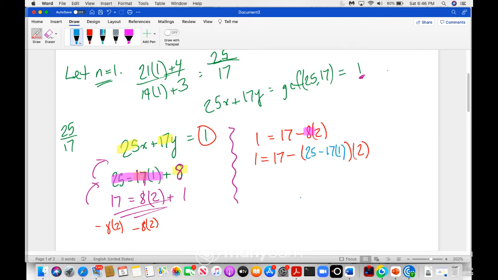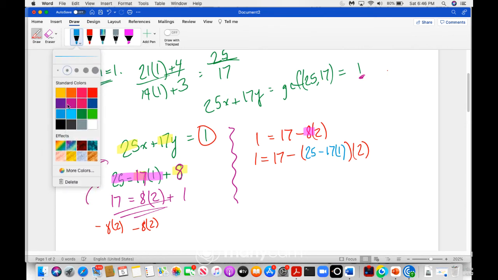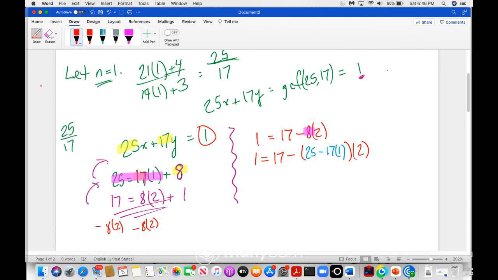And then I'm done because I rewrote 1 as a combination of 17 and 25. How many 17s and how many 25s? Well, by distributing this, all I have to do is distribute this to get that 1 equals 17 minus 25 times 2. Two negatives make a positive.